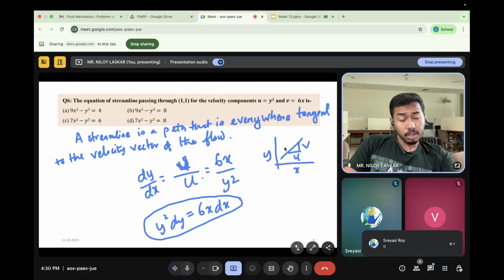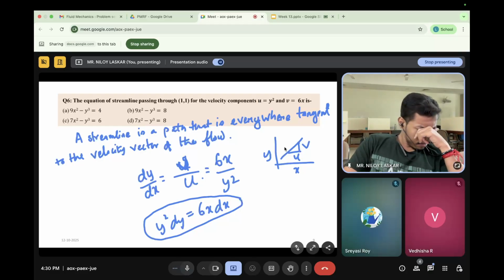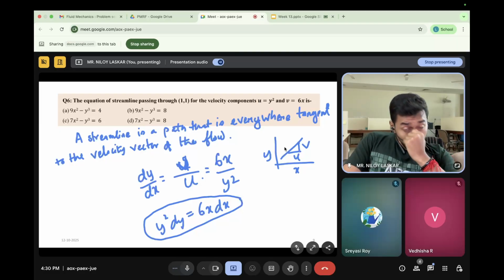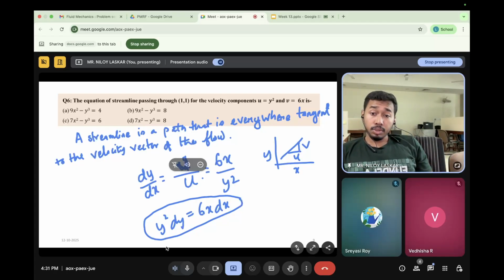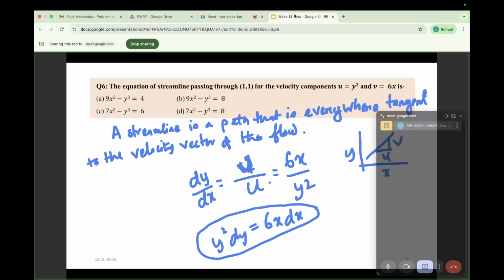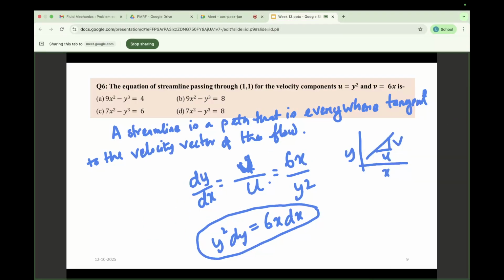So she has answered option B. Now I am integrating this. If I integrate both sides, I get y cube by 3 is 6x square by 2 plus c.